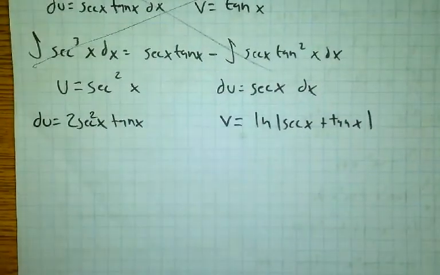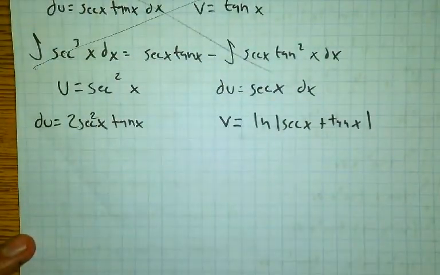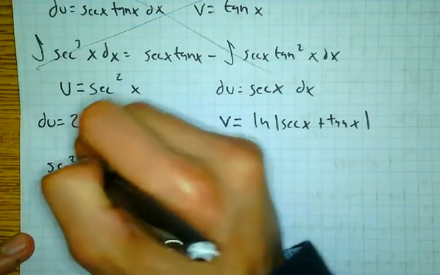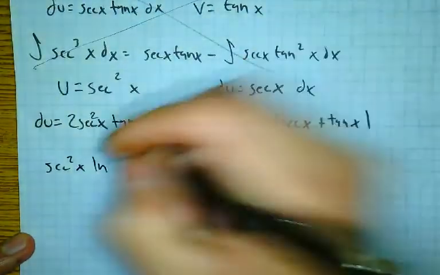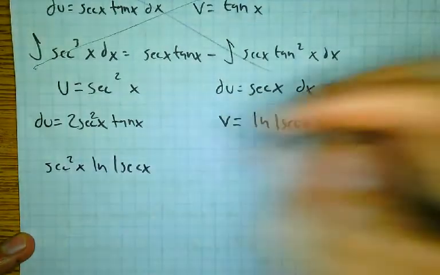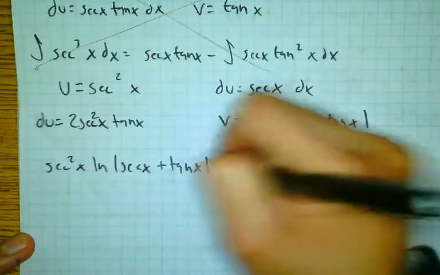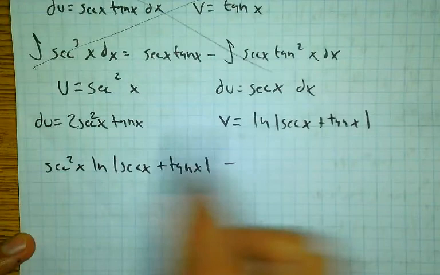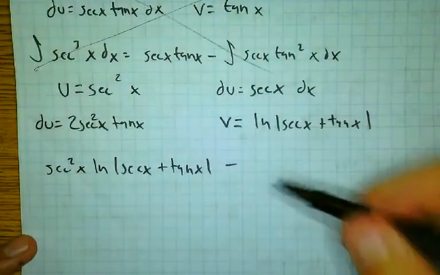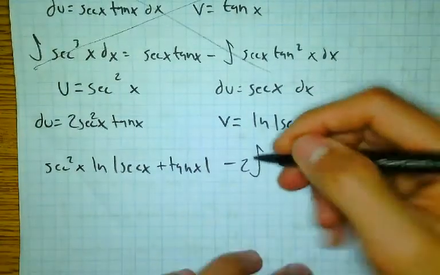Alright, so that would be what? That times that, right? So that would be secant square x times the natural log of secant x plus tangent x, minus that times that. Oof.